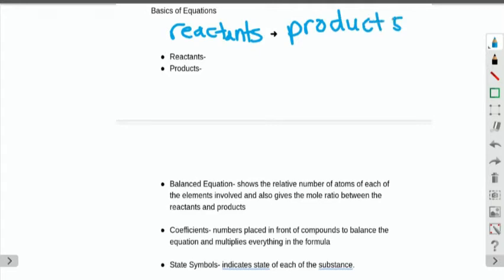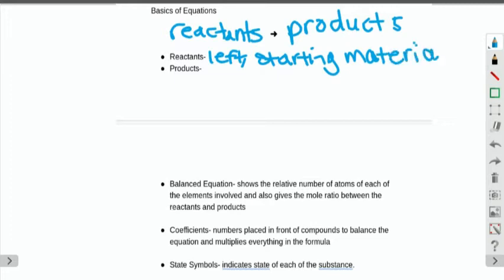Reactants are on the left, and they're really the starting material. Products will be on the right side, and they're what you are left with. So it is the final material.